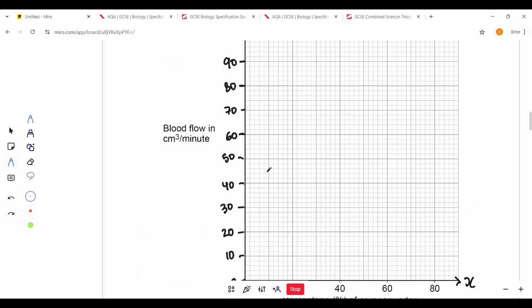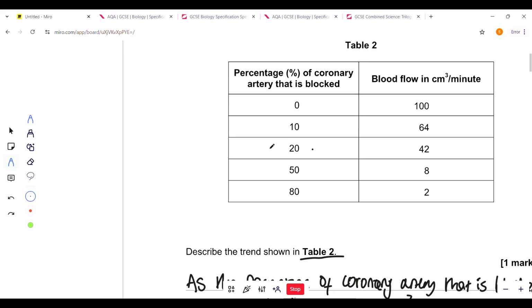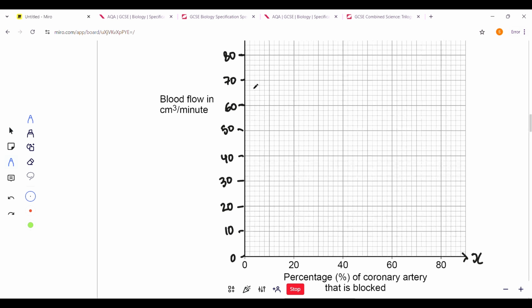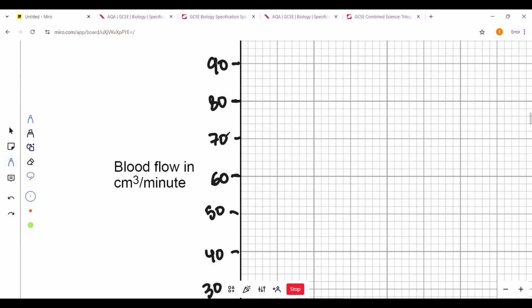So go up to 10, and what was the other one? 10 and 64. So we are at 10, and we need to go up to 64. Now this is going up in twos if you have a look at it. This is 10, but you've got 5 squares.